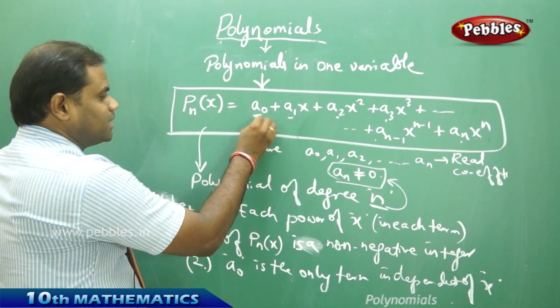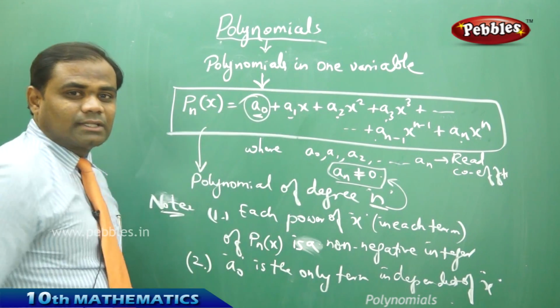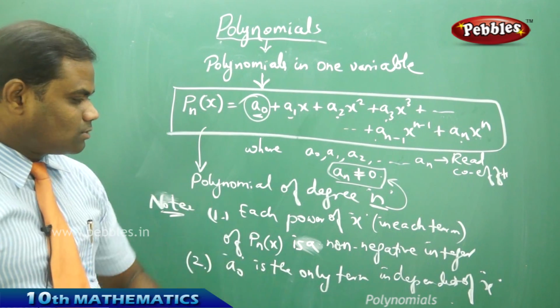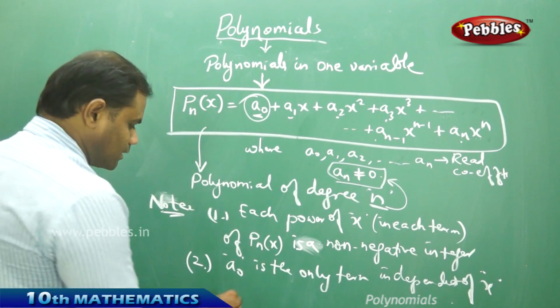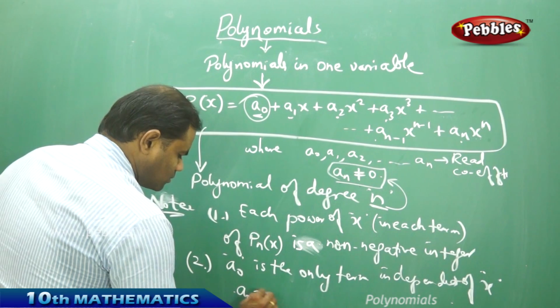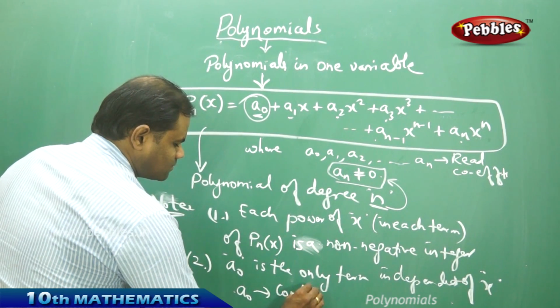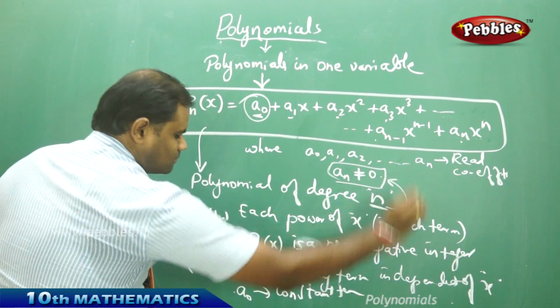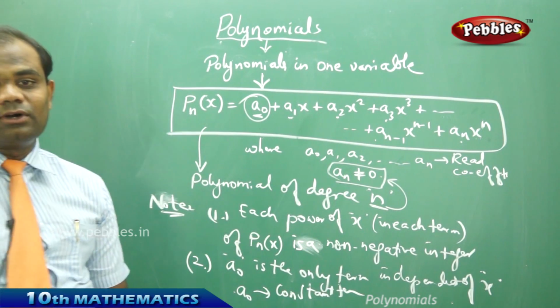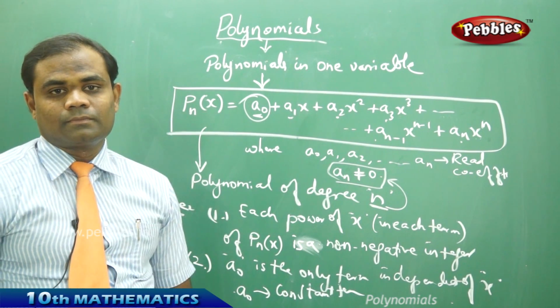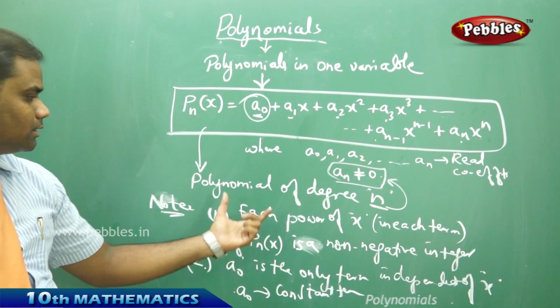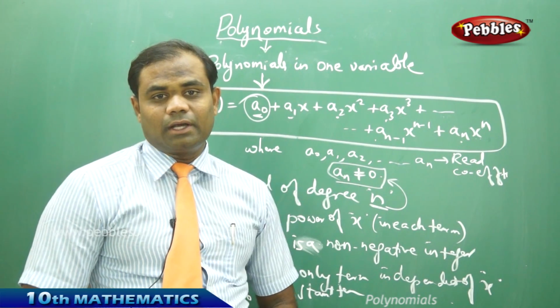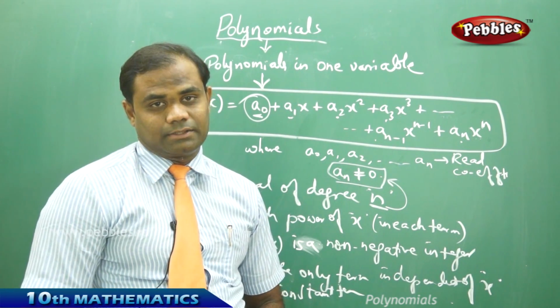But the specialty of the first term is that it is a constant term, the only term independent of x, and hence this is called the constant term. So these are the different structures through which we define a polynomial in single variable x.